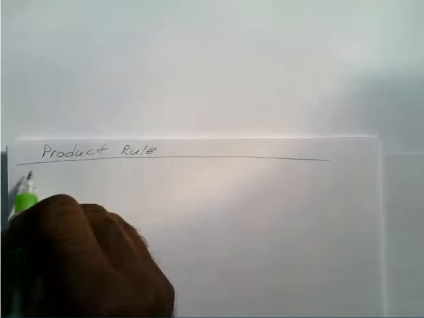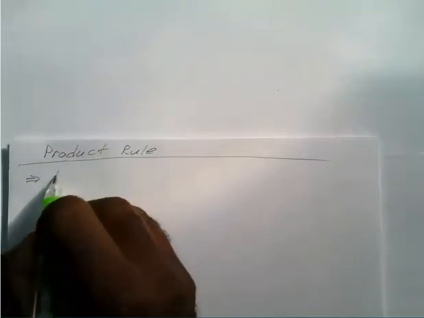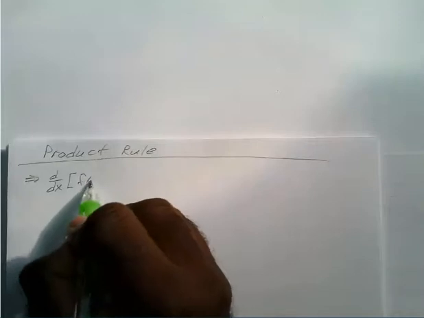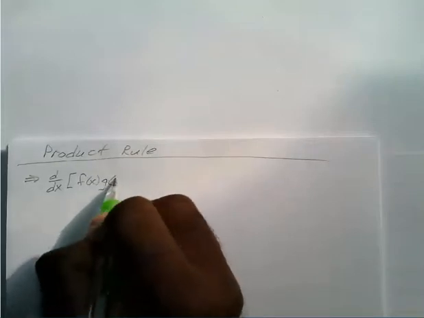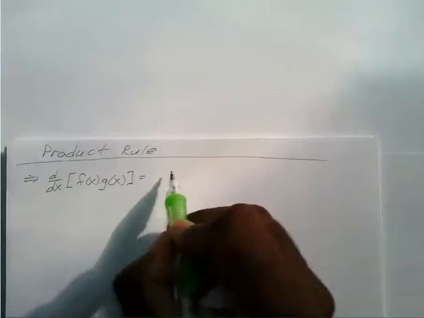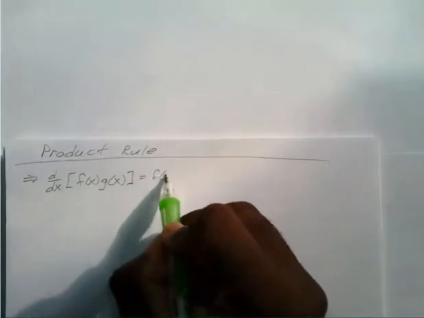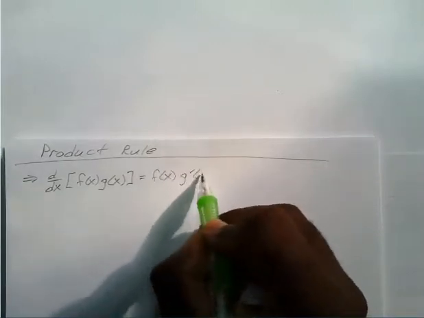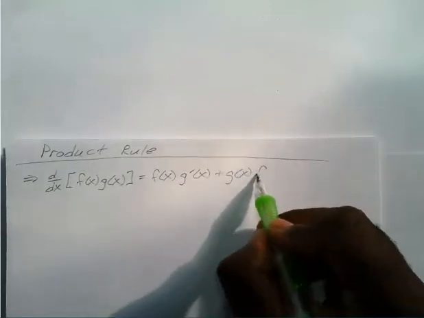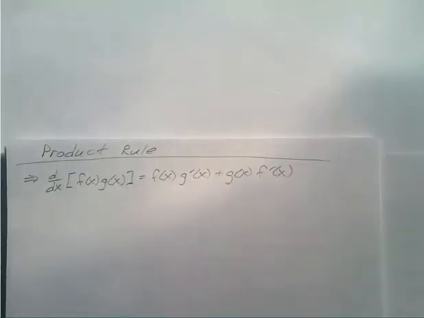Alright, so what the product rule tells us is that if you want to take the derivative of two functions that are multiplied to each other, that's going to equal the first function times the derivative of the second plus the second function times the derivative of the first.